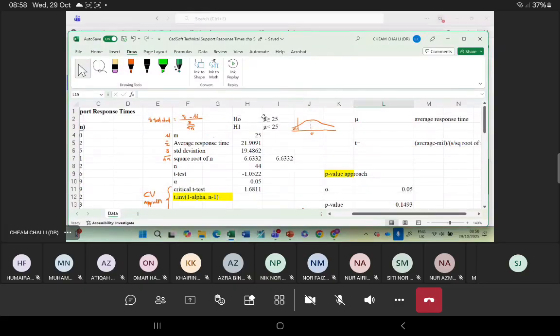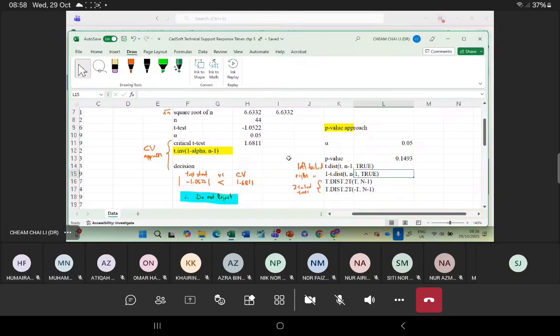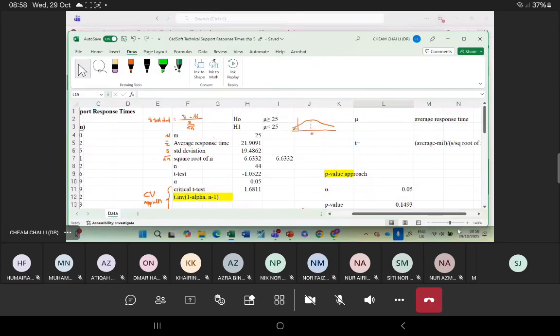Okay, so yeah, you need it. Kalau decision, I repeat, if your decision is to not reject H0, then you need to conclude based on the null hypothesis. Yeah.